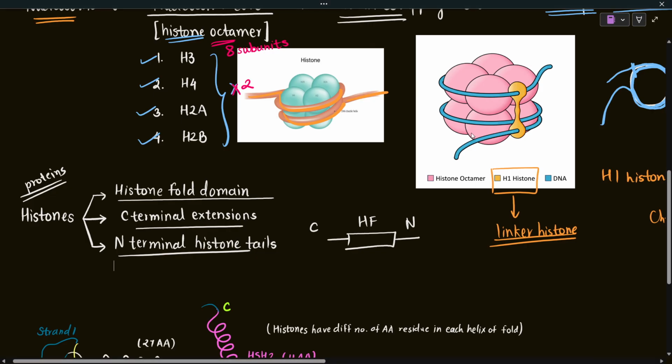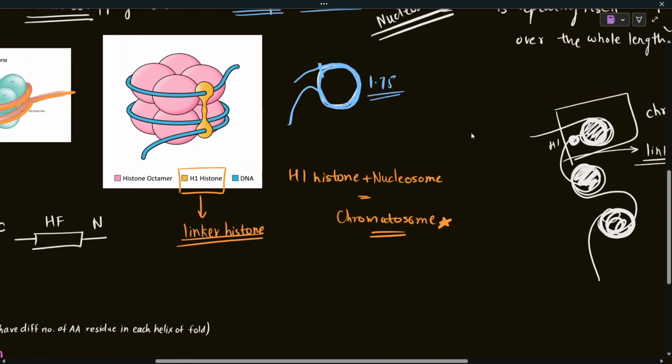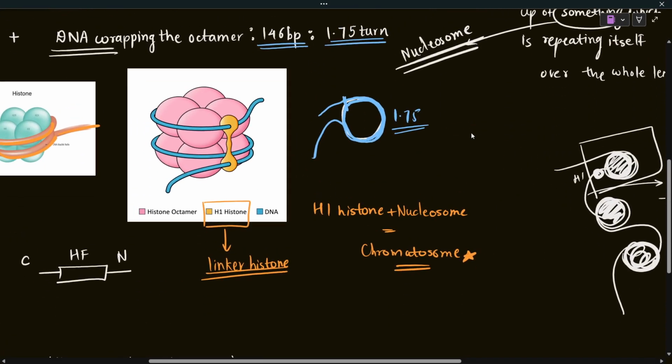Let's have a look at this diagram. All of the histones have their N-terminal tails protruding out of the nucleosome, and that's why they are called tails. They are nothing but a stretch of amino acids protruding out of the DNA.